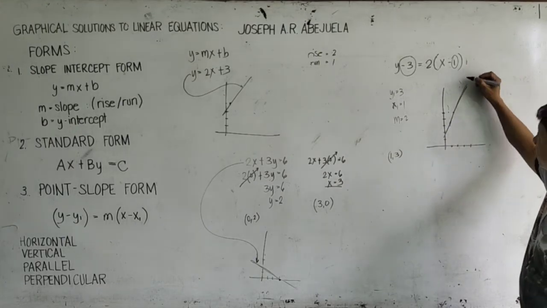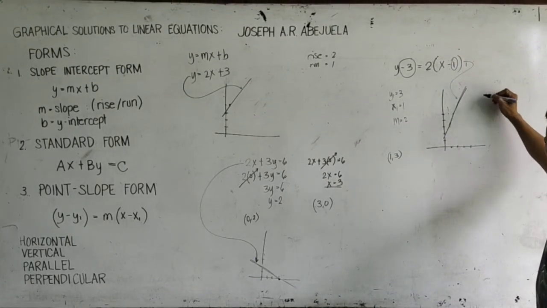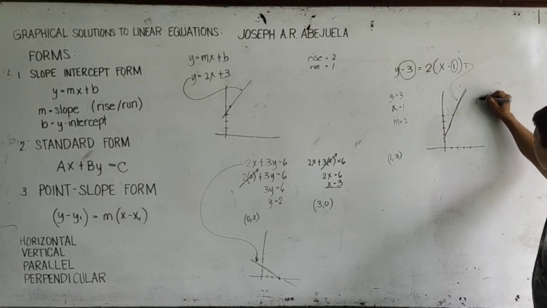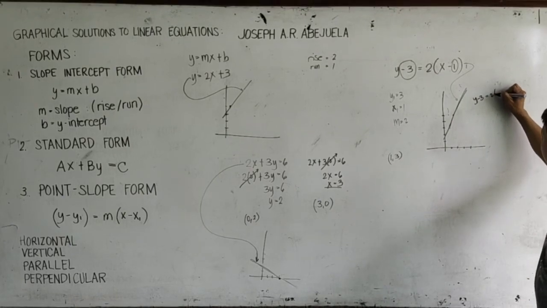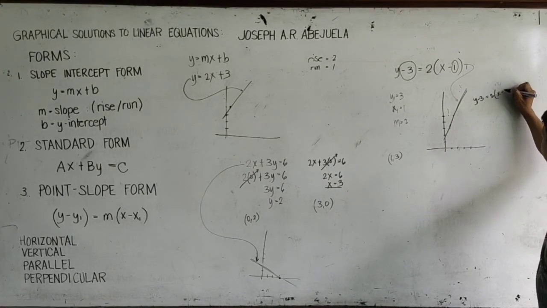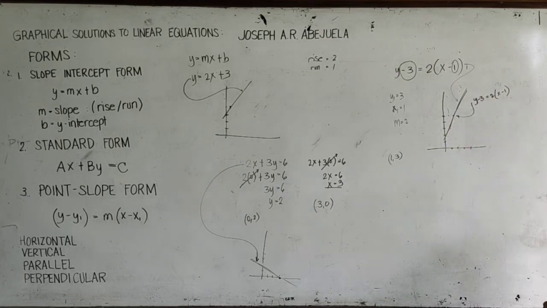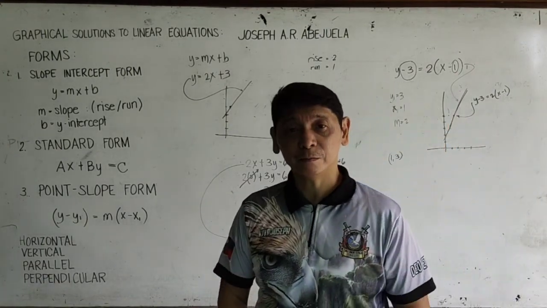And this is the line for y minus 3 equals 2 multiplied by x minus 1. Okay? So this is it. That's it for now. Thank you.